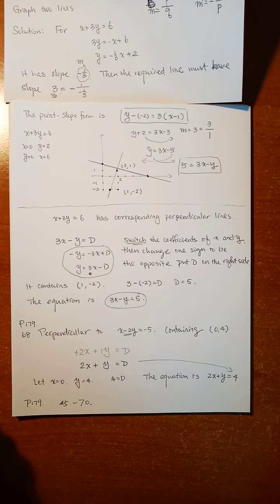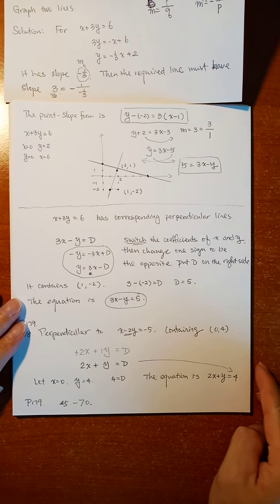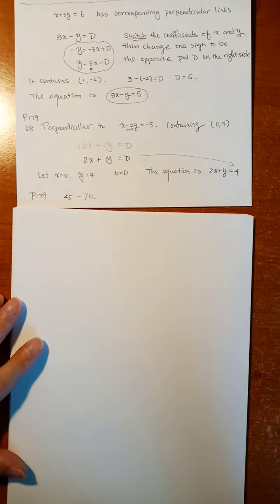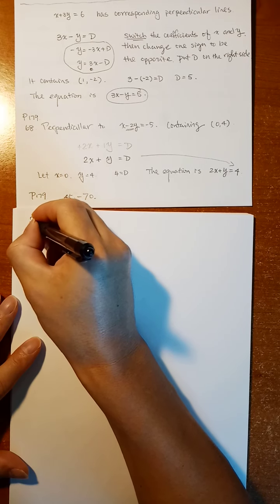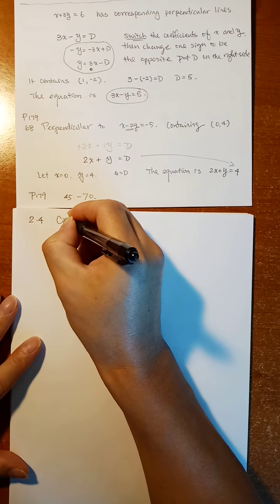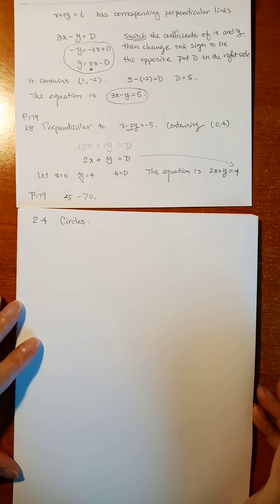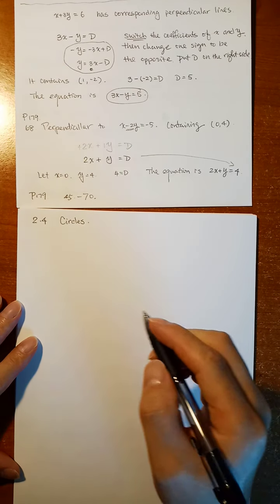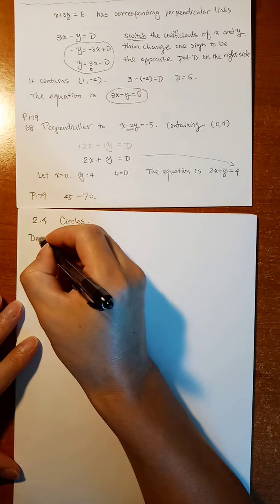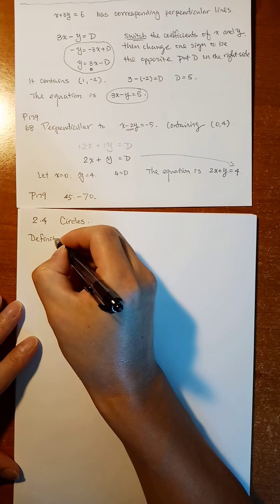Okay, so this finishes section 2.3. Now let's move to section 2.4. Section 2.4 is the study of circles. What is a circle? First of all, of course, we all know what a circle looks like.